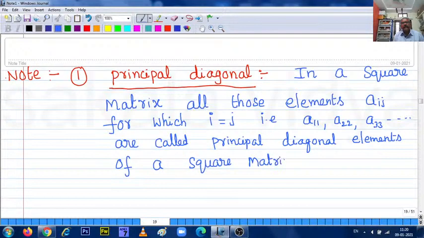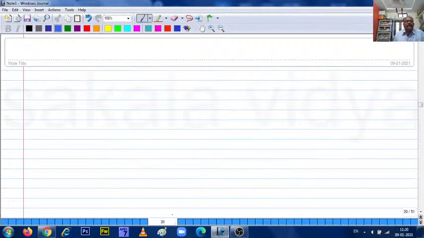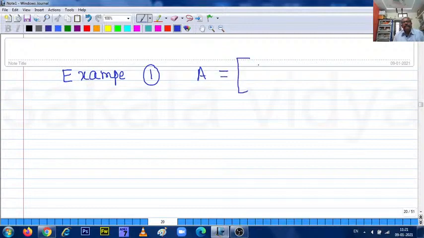My dear children, please remember, principal diagonal is confined to the square matrix only. I will show you, don't worry. What is the principal diagonal? Consider the example A equals 1, 2, 3, 4.